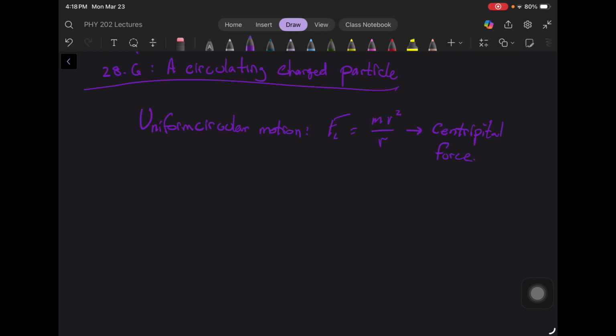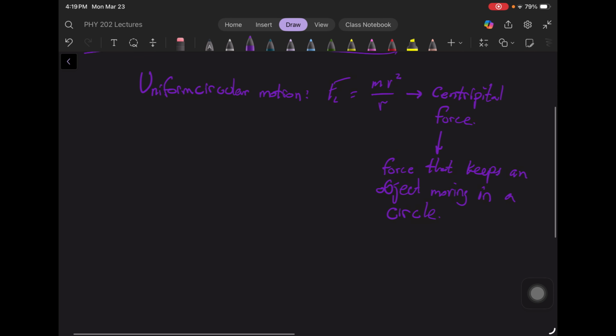Just a reminder, centripetal force is a force that keeps an object moving in a circle. If you have a mass on a string that you're swinging around, it'd be the tension in the string. If you have a car on a racetrack, it's going to be the friction between the tires and the ground. We can go all day.